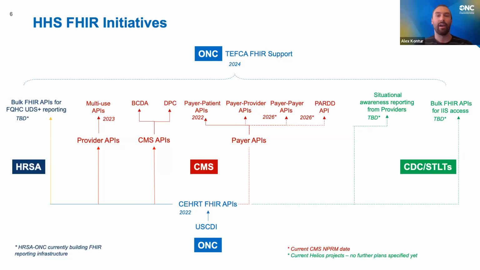So that's all to say that we're at the point now where there's been a lot of activity at the federal level, both regulatory activity and requirements, programmatic activity and requirements that I think has driven a lot of the interest and current adoption of FHIR in the healthcare space.